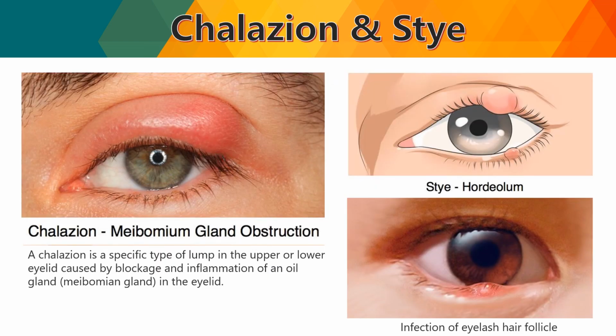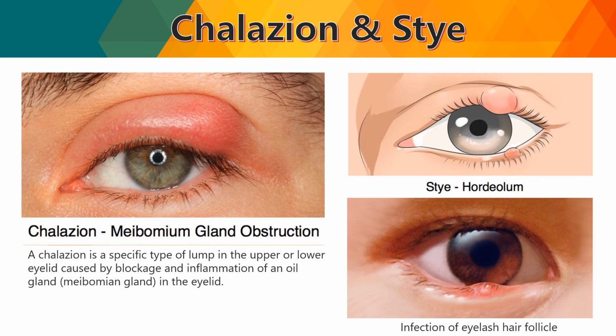Next, you have your chalazion and stye. Chalazion is a meibomian gland obstruction. The meibomian gland is found at the upper eyelid, near your lacrimal apparatus. A chalazion is a specific type of lump in the upper or lower eyelid caused by blockage and inflammation of an oil gland, what you call the meibomian gland of the eyelids.